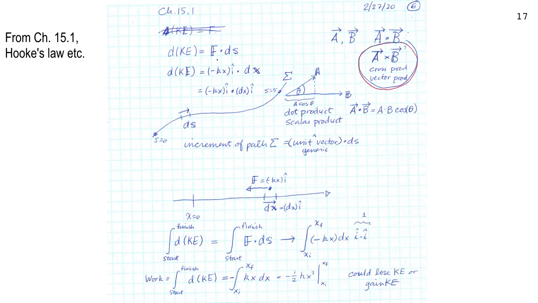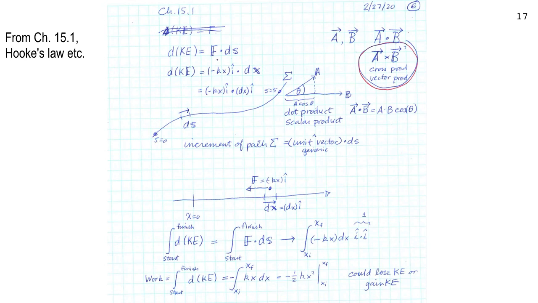So you take an integral from the start to the finish of your path, F dot ds. It's the generic form for the harmonic oscillator. It's equal to the integral from x subscript i to x subscript f of minus kx times dx times i hat dot i hat.